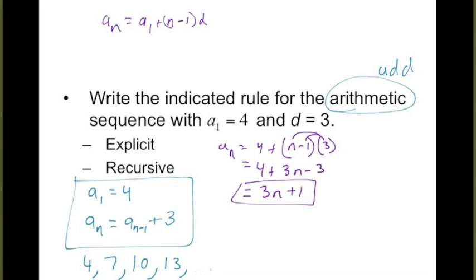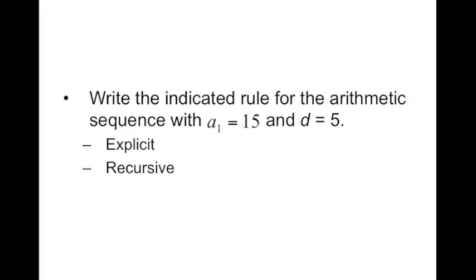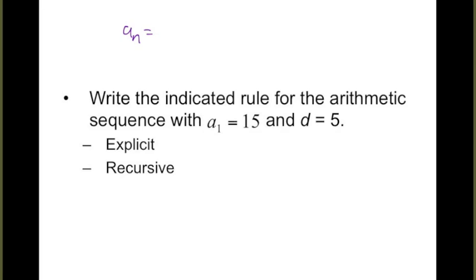Look at another one like this. So again, for explicit, we have the formula back from section 2. So a sub n is equal to a sub 1, which is 15, plus n minus 1 times d, which is 5.